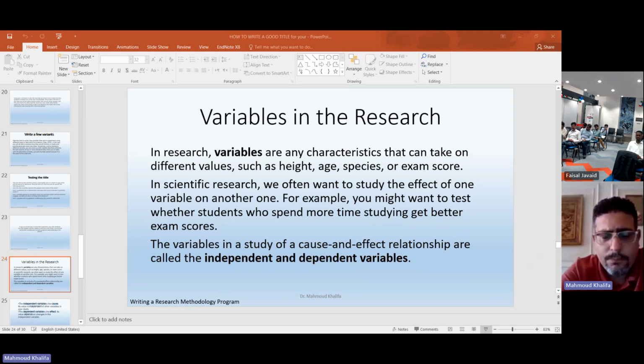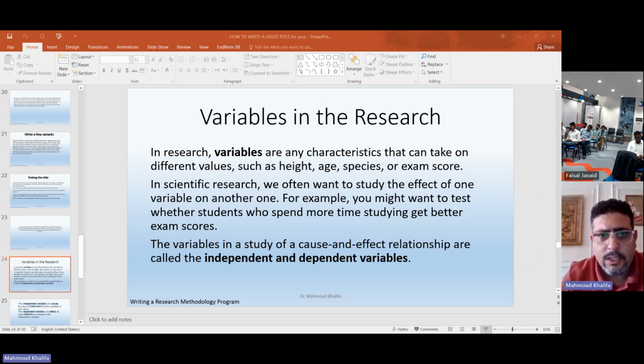As we see, the independent variable is the cause. Its value is independent of other variables in your study. So the independent variable is the cause. Okay. So the dependent variable is the effect. Okay.